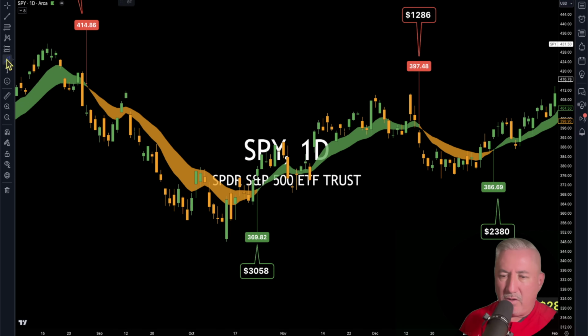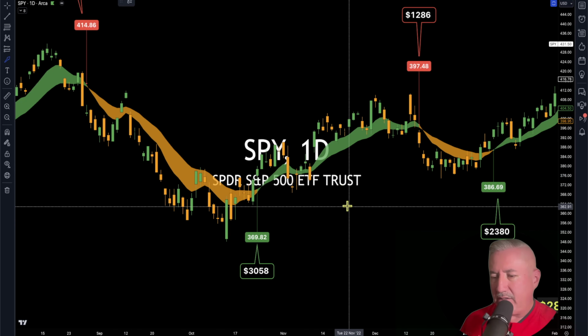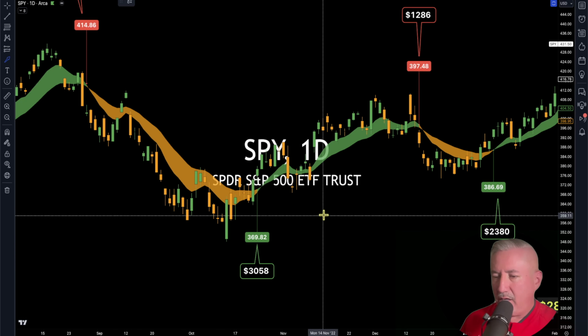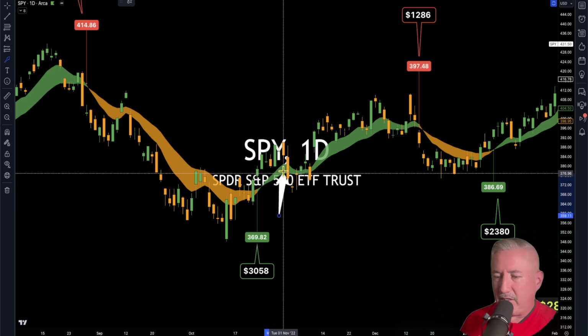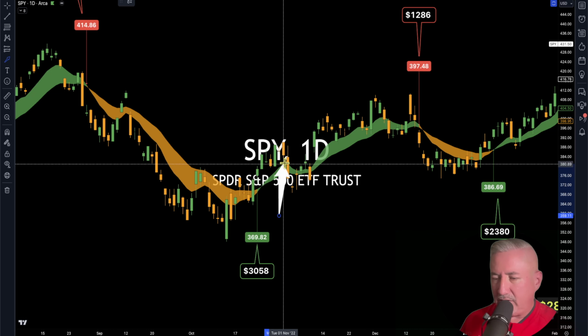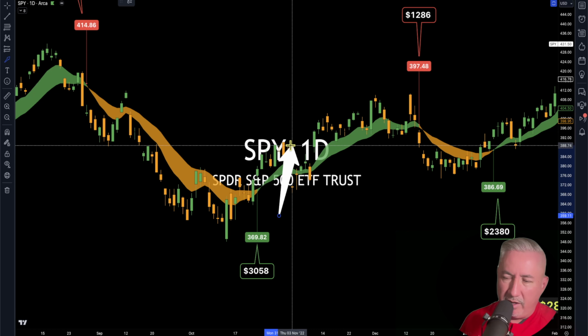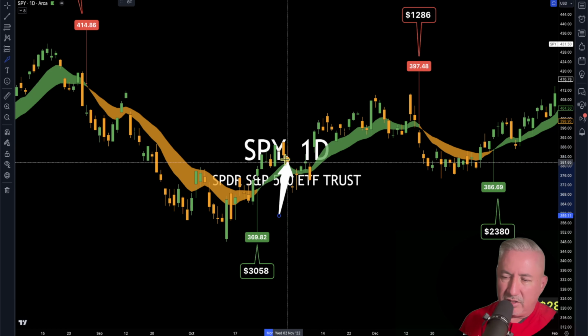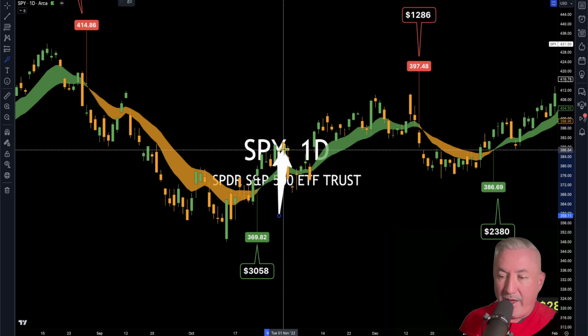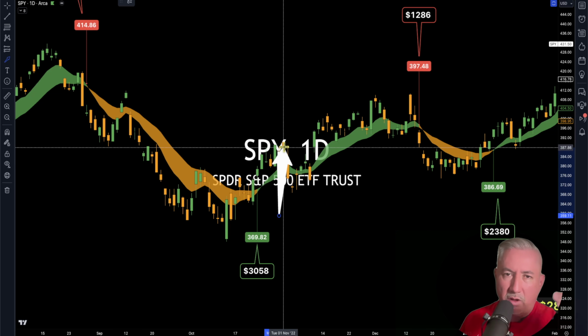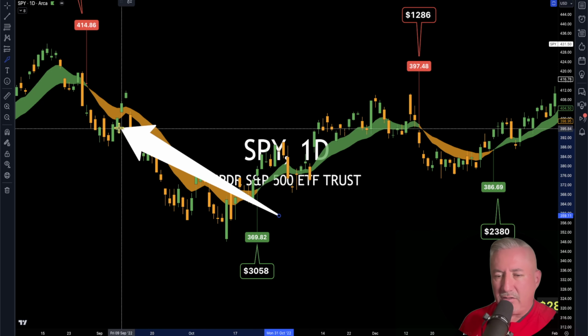So when the cloud is actually curling, let's take this one. You would have got out there. The price here is, we said we'd get out right where it's curling, 381, but the candle kept going up. So if you see this curl on this day, you would have had a potential to let it go up a little bit more, and then you get out. So each one of these curls is going to have that.